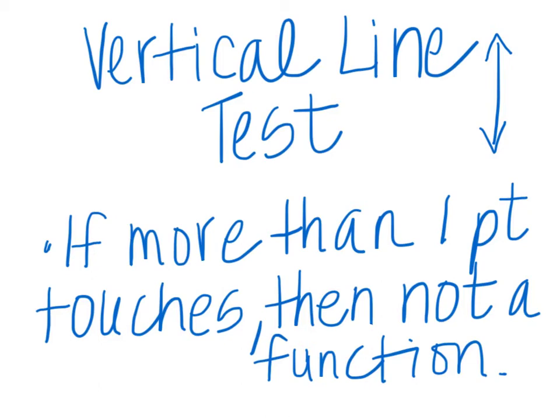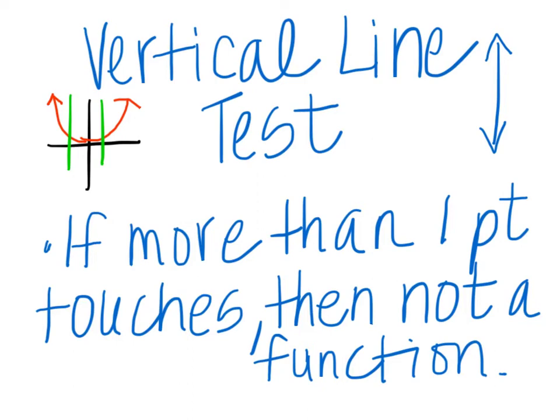And we can kind of see, for instance, if we had something that would graph and look like this. This would be a function because I could draw a vertical line almost anywhere here that you can see, and it only would touch in one point.